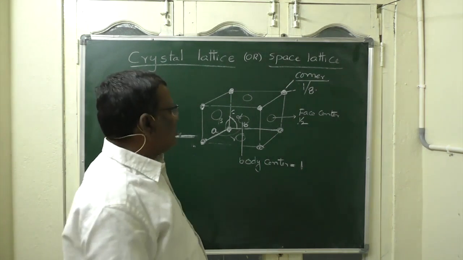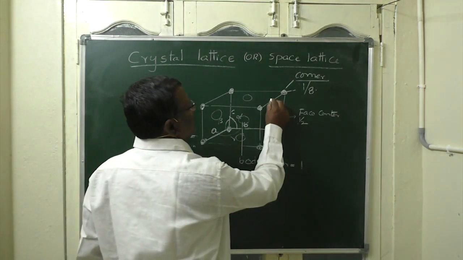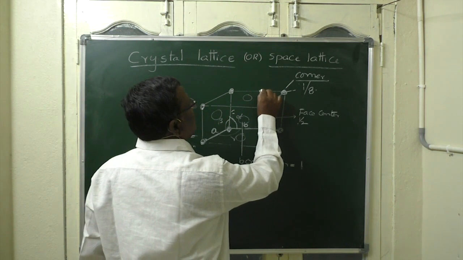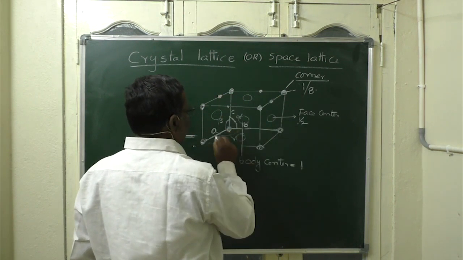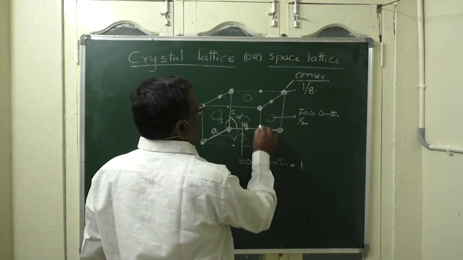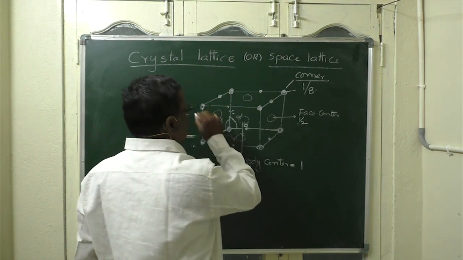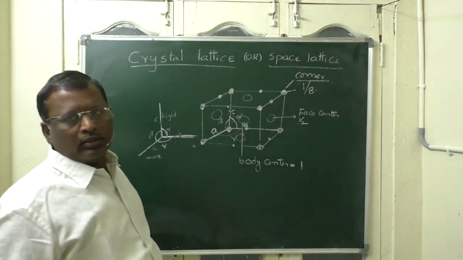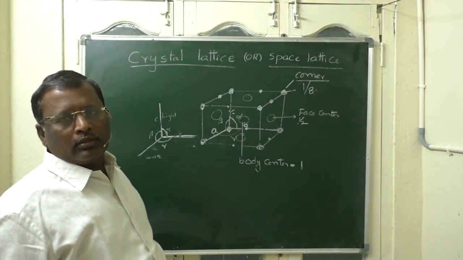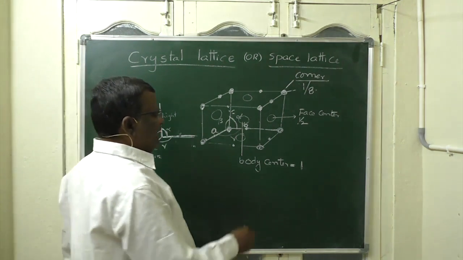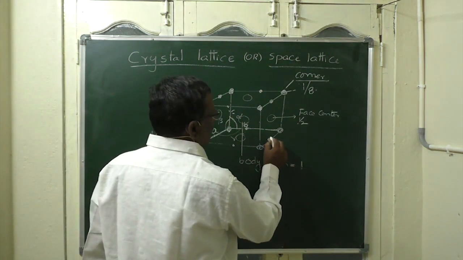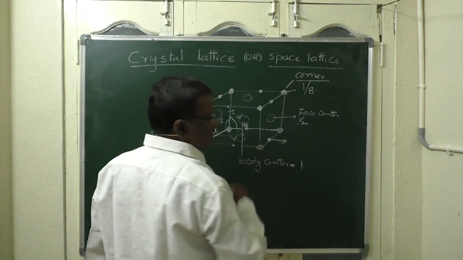And another important site is side edge. There are 12 side edges for a unit cell: 4 on the top, 4 on the bottom and 4 on the sides. Total 12 lattice sites are there for side edge atoms. This side edge atom is shared by 4 unit cells.